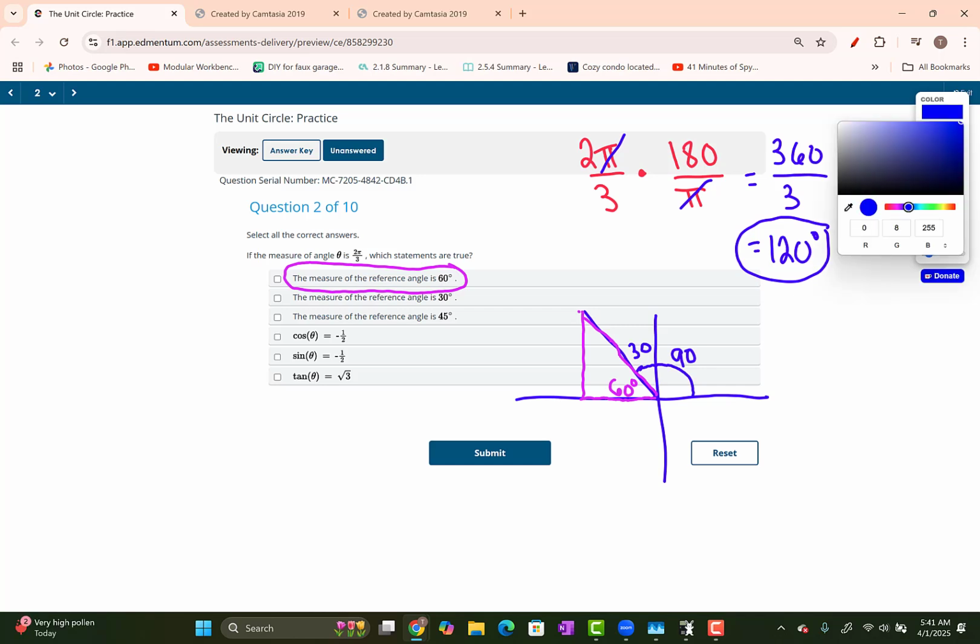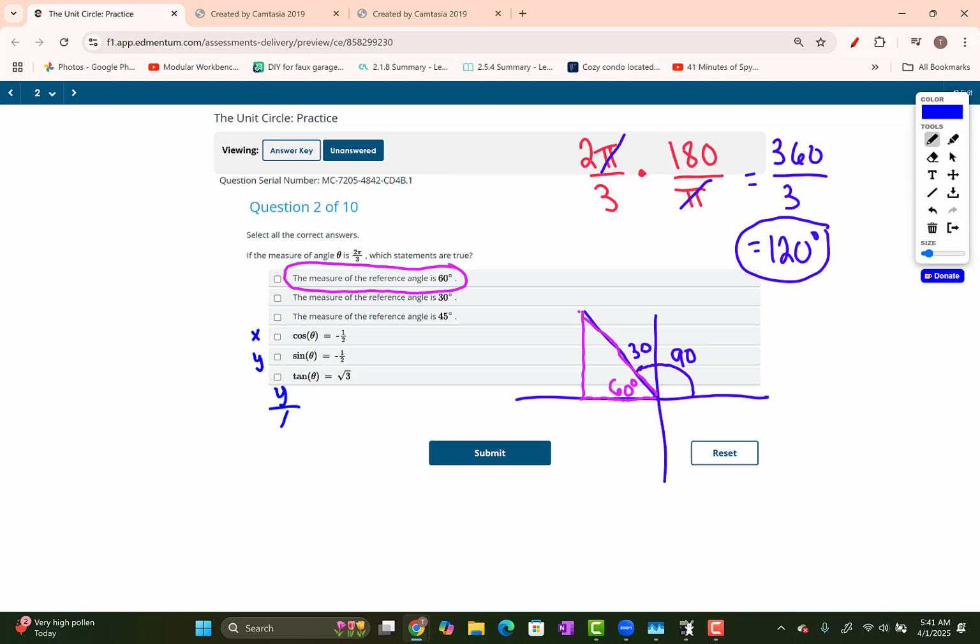But before we do that, let's recall that cosine is referring to the x-coordinate in the coordinate plane. Sine is referring to the y-coordinate, and tangent is y divided by x. So this angle of 60 degrees is in quadrant number 2. The x-coordinate is always negative in this quadrant.